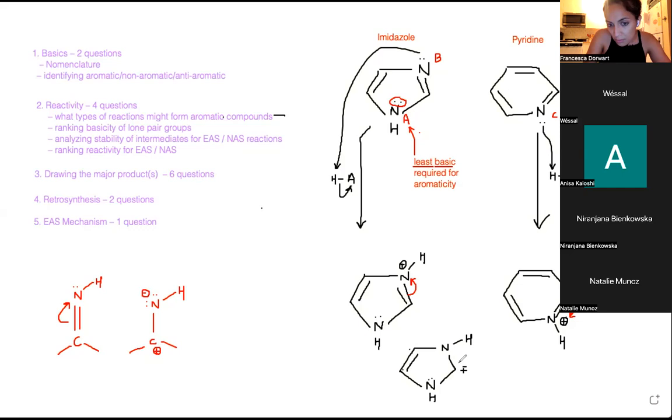This is positive. This is now got its lone pair back, so this is neutral. And then if I were to open this guy up, get this lone pair back. Positive, okay. What else can I do?